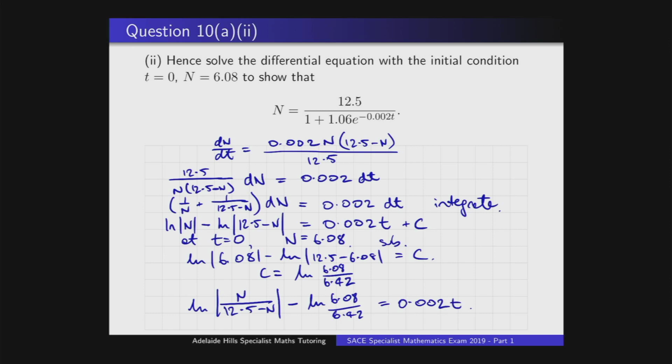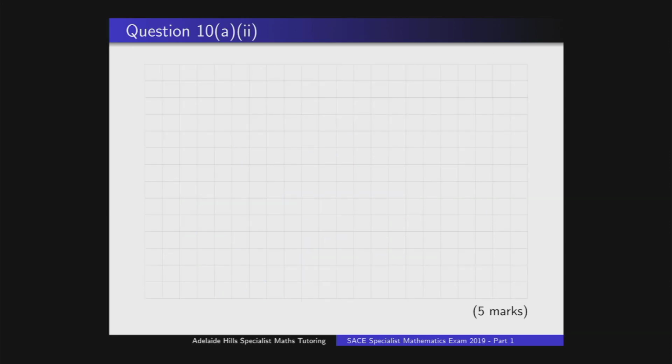Okay, so going to the next page now, we'll put that log all together in the one term, 6.42n over 6.08 times 12.5 minus n, equals 0.002t, and now we can raise everything to the power e.